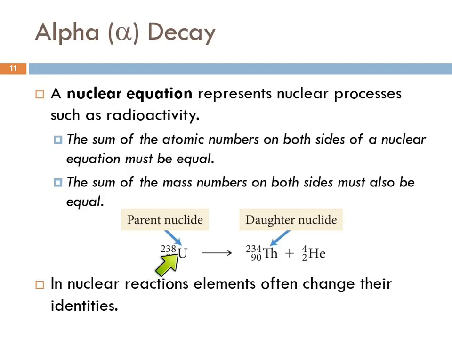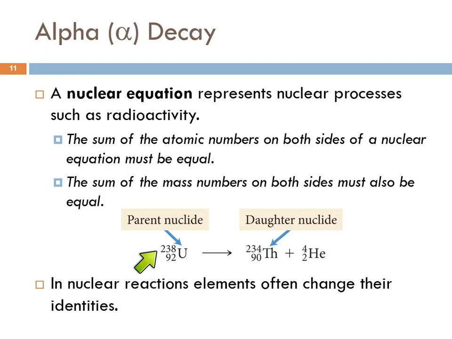So we're starting out with uranium, and through radioactive decay, we're ending up with thorium. The element is changing. That's so different than the rest of chemistry, where we've hammered into you that if you've got a uranium atom on one side, you have to have a uranium atom on the other side. You have to get around that.